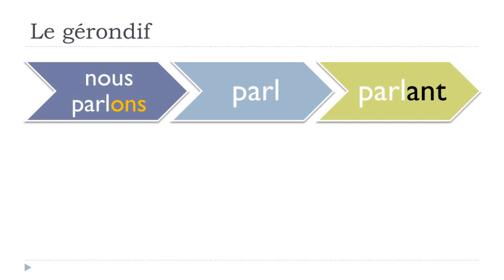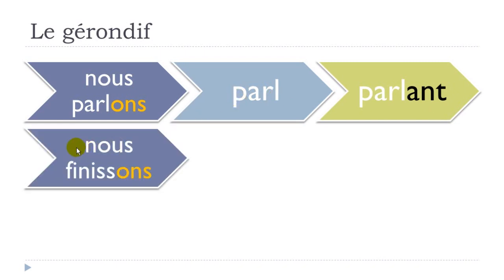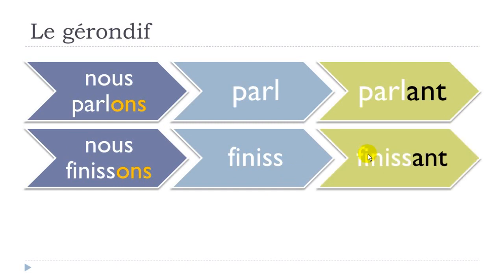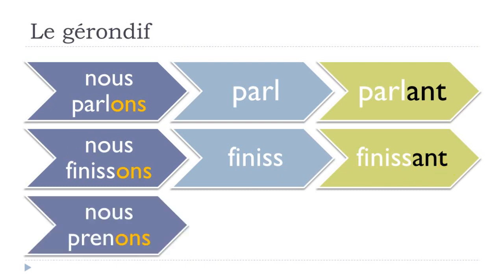Okay, second group, finir, to finish, to end. Nous finissons, okay, and it will be exactly the same way to proceed. So we spot this ons, so the ending, we take it away and we get finiss, and after that we just add this ant ending and we'll get finissant. So this is the participe présent form. Third group, to take, prendre.